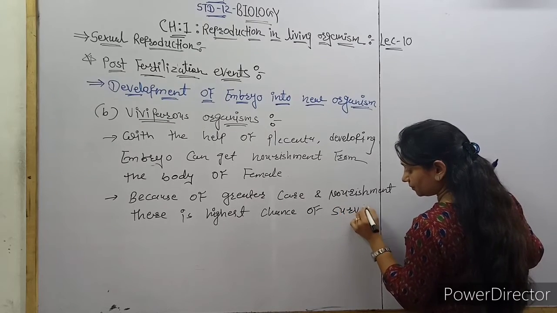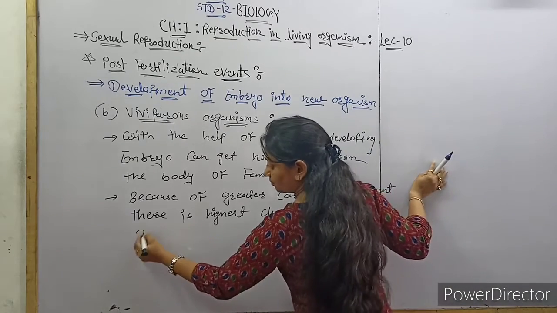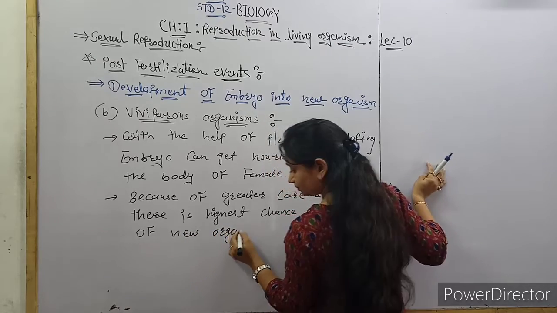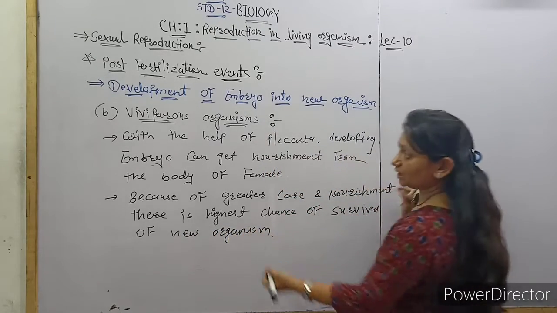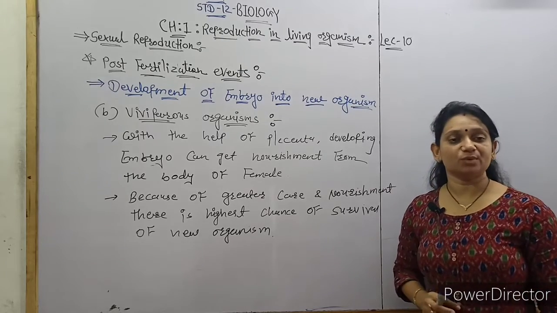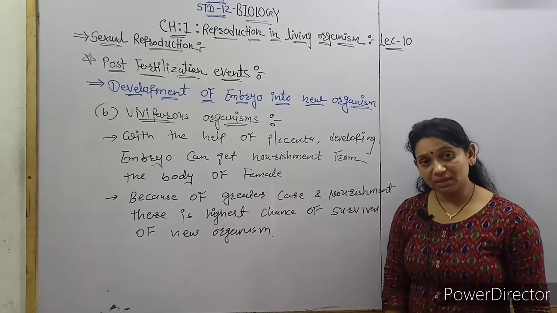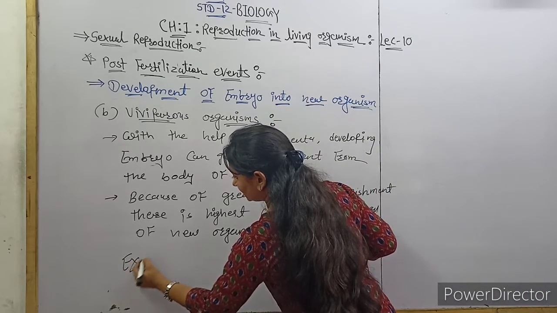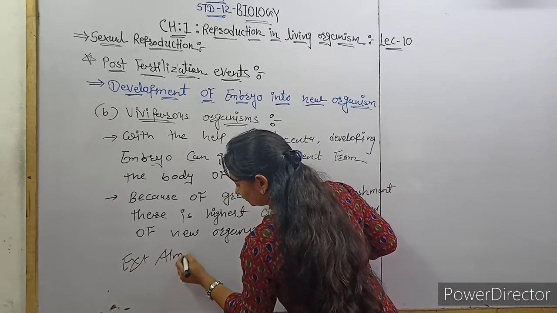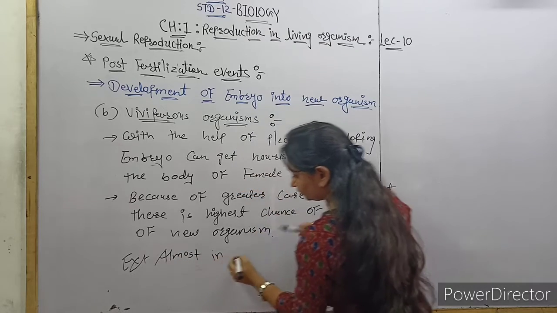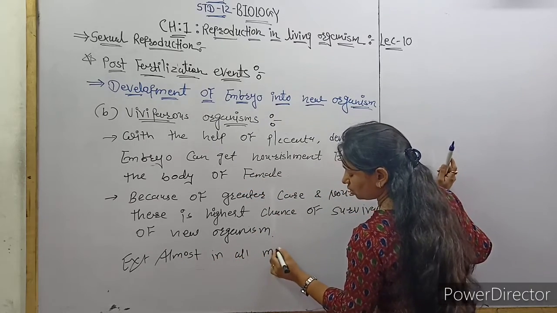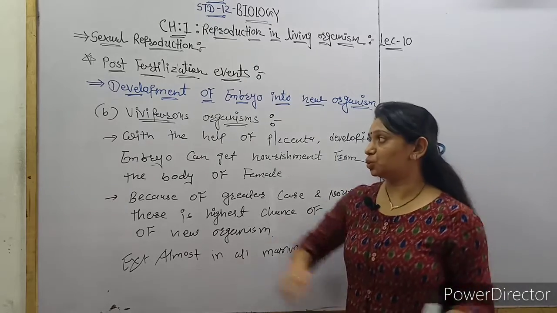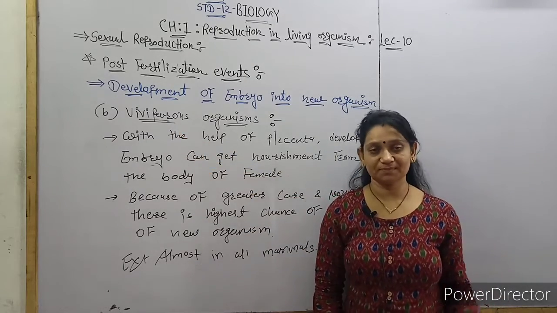Fine beta. And this viviparous pattern is mainly observed in all mammals. Almost in all mammals, the development of the embryo occurs through this viviparous process.